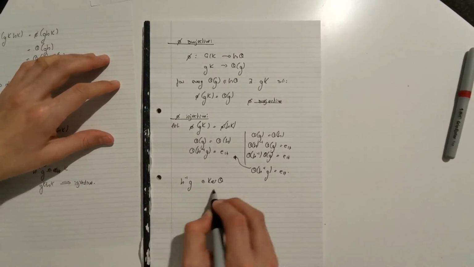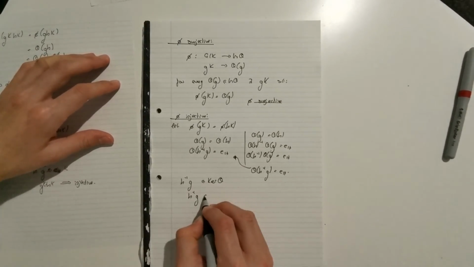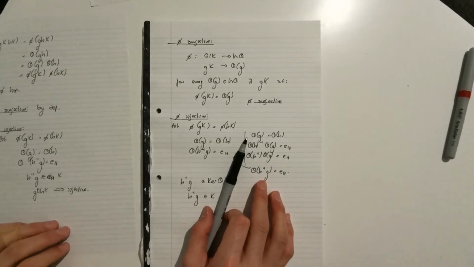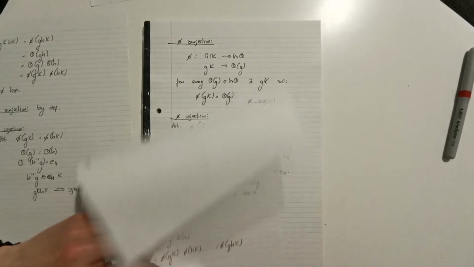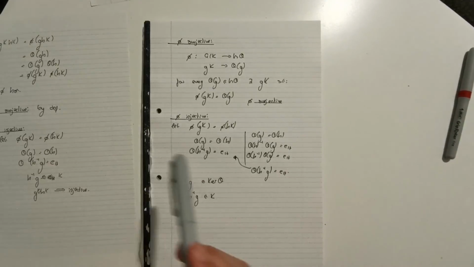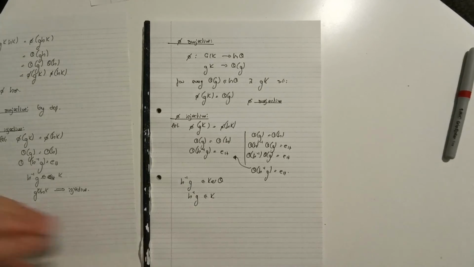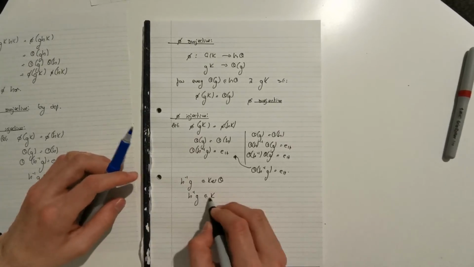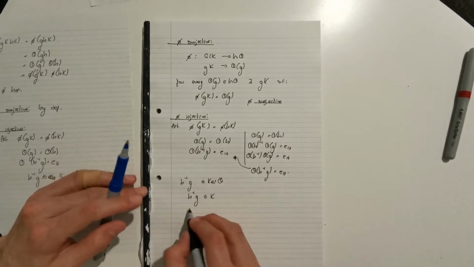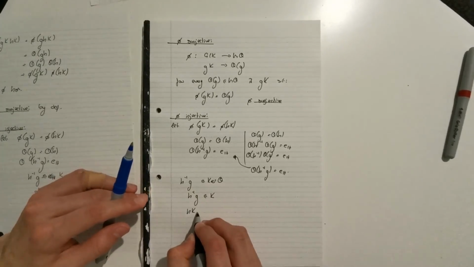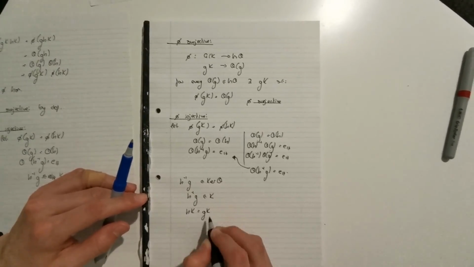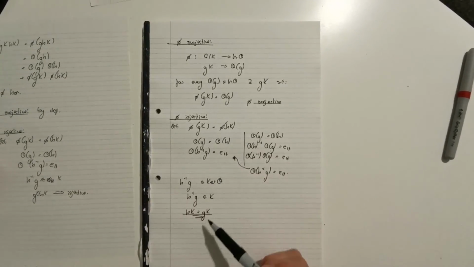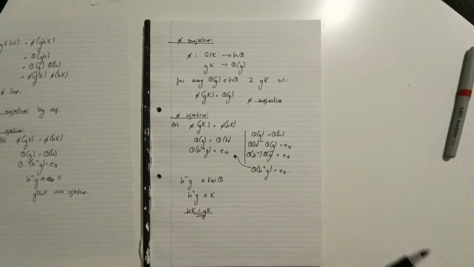Therefore, h minus 1 g sits inside K, and by what I have shown previously, if h minus 1 g is inside K, then hK is equal to gK. Therefore, if they map to the same thing, they must be the same thing, therefore phi is injective.